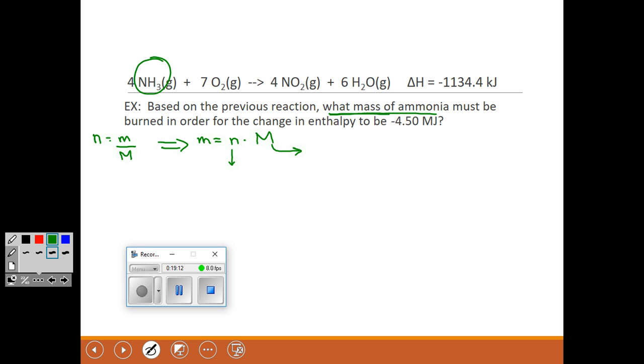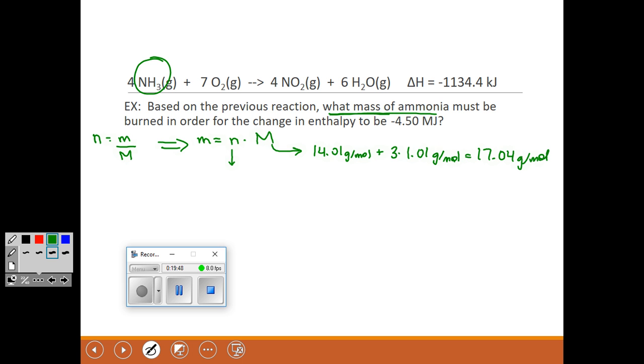The molar mass for ammonia would be 14.01, which is nitrogen, plus 3 times the molar mass of hydrogen, so 14.01 plus 3 times 1.01 gives you 17.04 grams per mole. So 1 nitrogen, 3 hydrogens. I did not multiply it by 4.